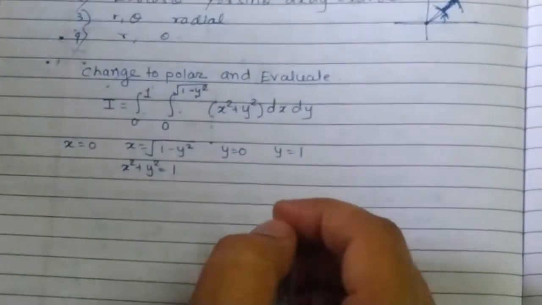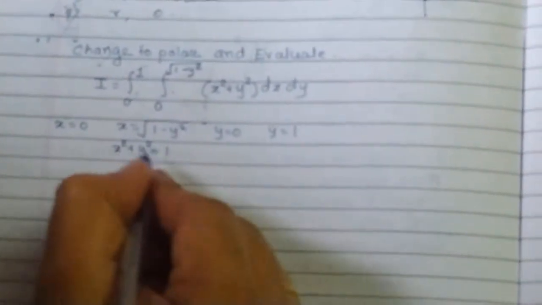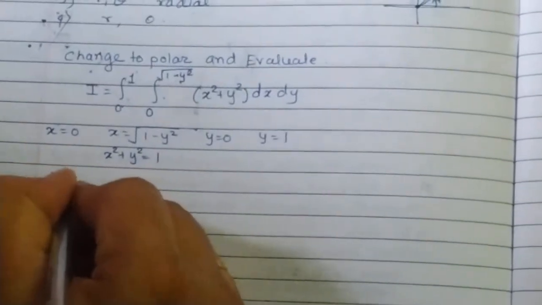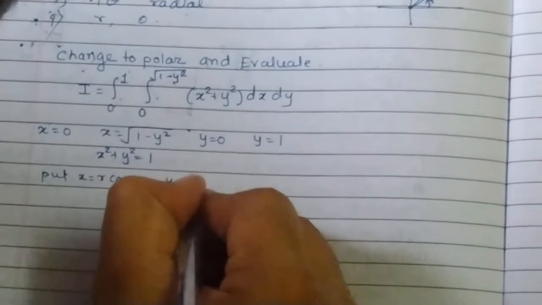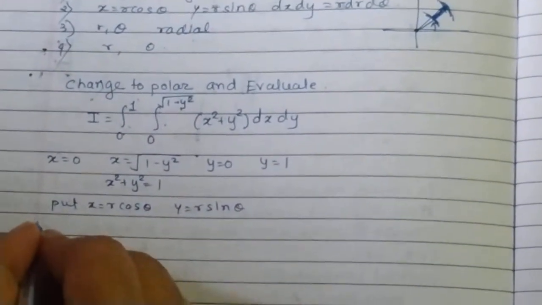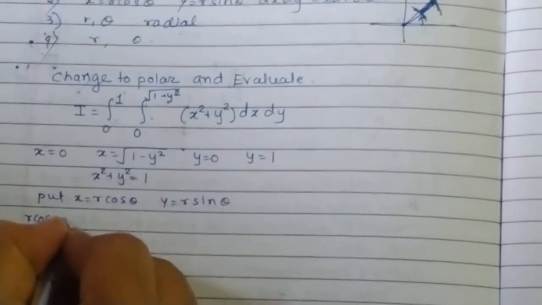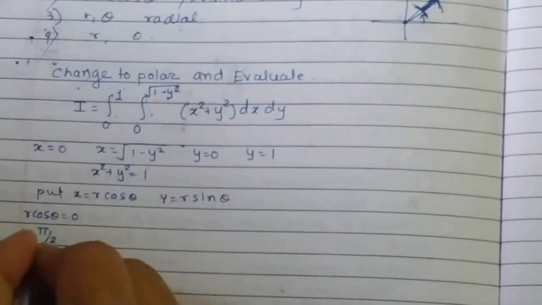Now what is to be done? Change this into polar coordinates. So put x is equal to r cos theta and y is equal to r sin theta. When I substitute x equal to r cos theta, r cos theta is equal to 0. This is possible when theta is equal to pi by 2.